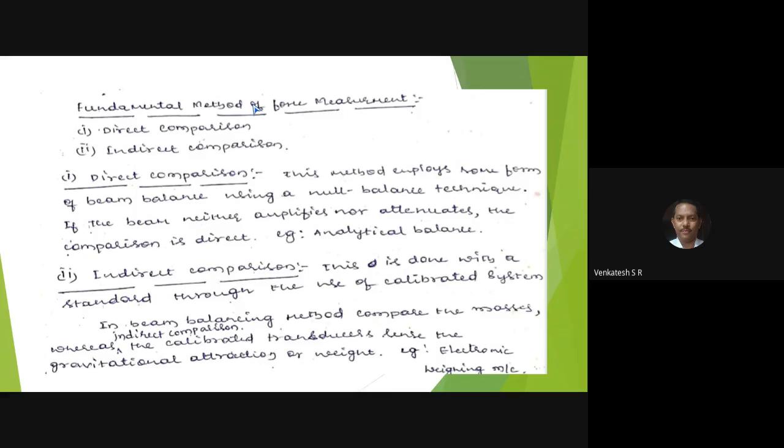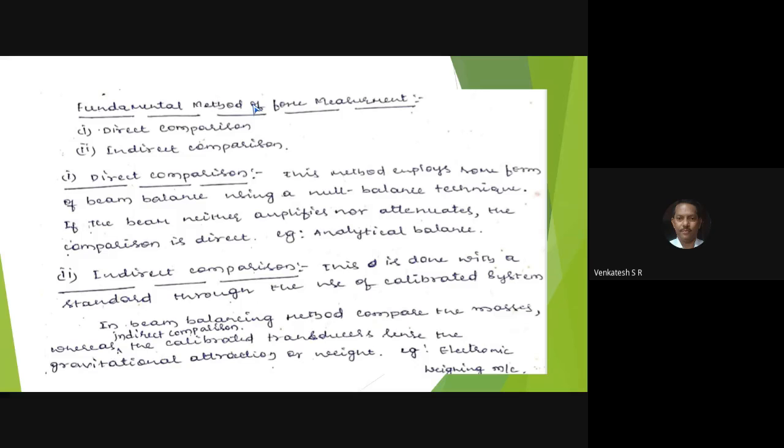On the right side pan, suppose you want to purchase sugar or onion, they keep on adding or removing the item in the right pan. They bring the beam to symmetry. That is the measurement. That is direct comparison: the weight of the unknown magnitude, the vegetable, is compared with the known standard magnitude, a dead weight of 500 grams or 1 kg.